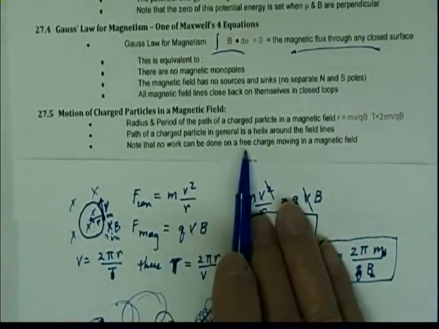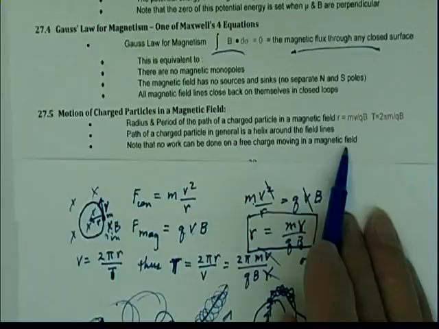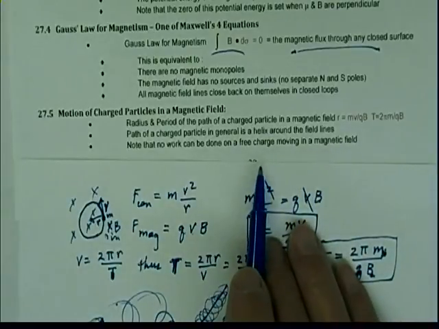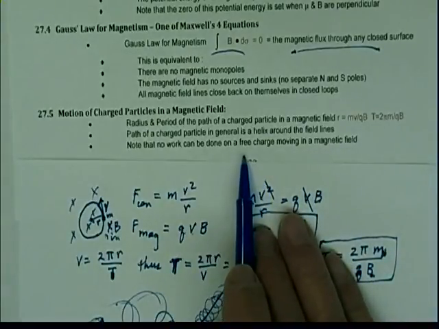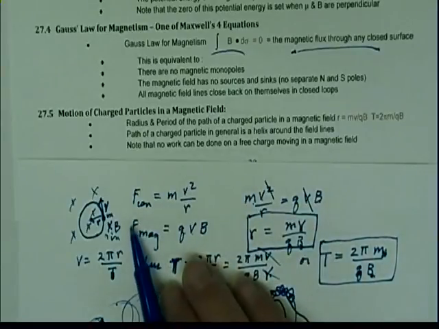Now I want you to note, we talked here about the helix. No work can be done on a free charge moving in a magnetic field. Now that seems really strange, but it turns out that the force is always perpendicular to the velocity.